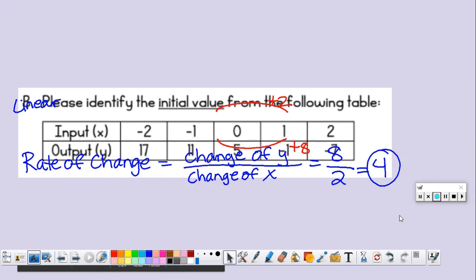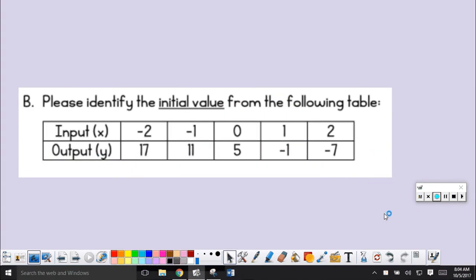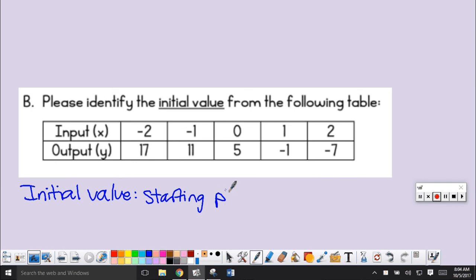Then the next problem, problem B, please identify the initial value from the following table. Remember the initial value, all the words that we talked about for initial value. Initial value is the starting place, or the starting point.